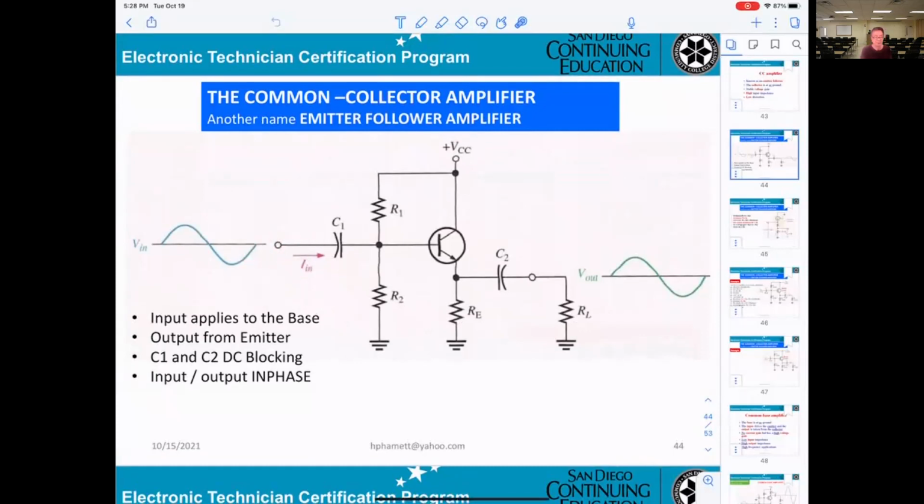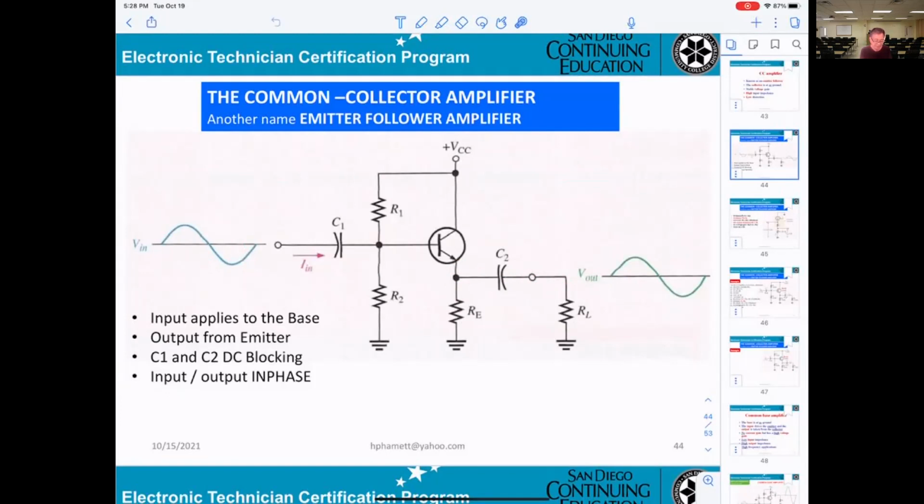However, the output is from the emitter. And the input and output will be in phase. Either they both go up or both go down.